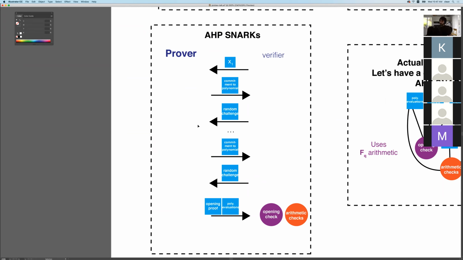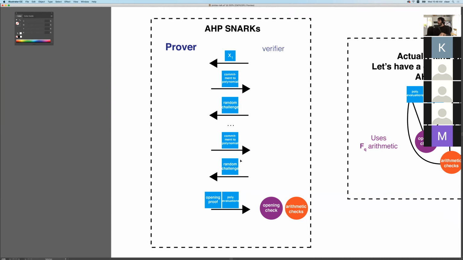The verifier will send some random challenge. The prover will send another polynomial, another random challenge, another polynomial. They go back and forth. The prover says polynomial. The verifier says bleh. They do that some number of times, hopefully not too many.